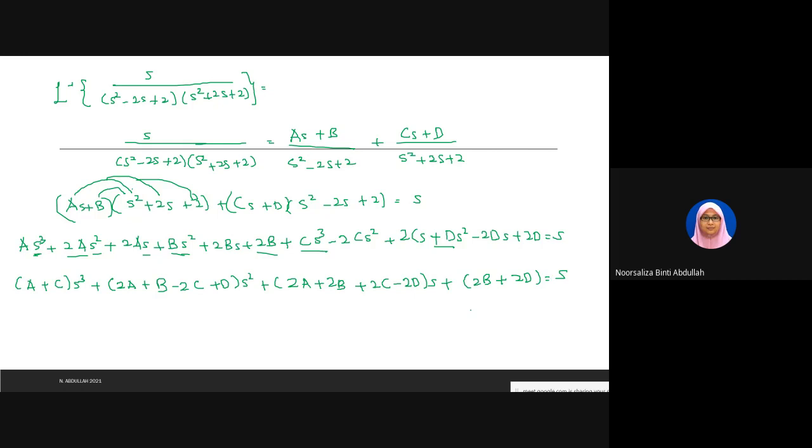Okay, kalau you tengok dekat sini, sini ada S kan? S kuasa 3 ada tak kat sebelah kanan? Tak ada. So equal to 0: A plus C equals to 0.